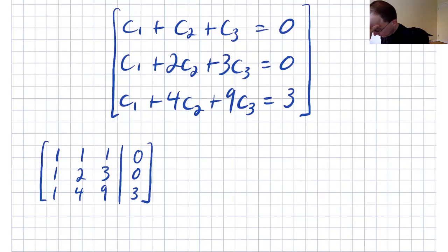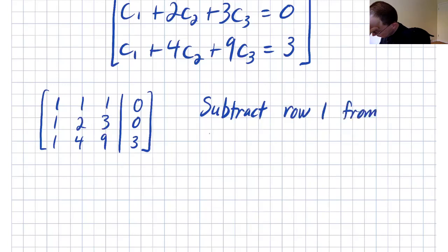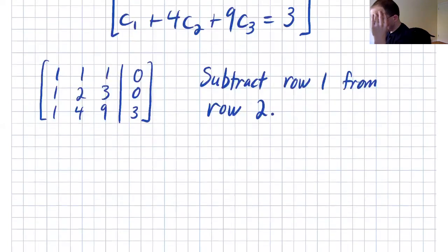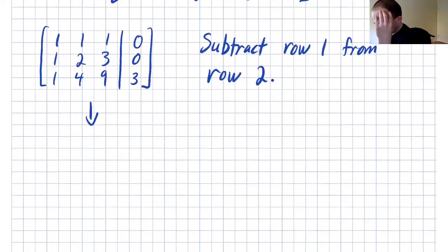So what we can do is we can subtract row 1 from row 2. Okay, so another way of saying that is we will multiply row 1 by -1 and then add it to row 2.